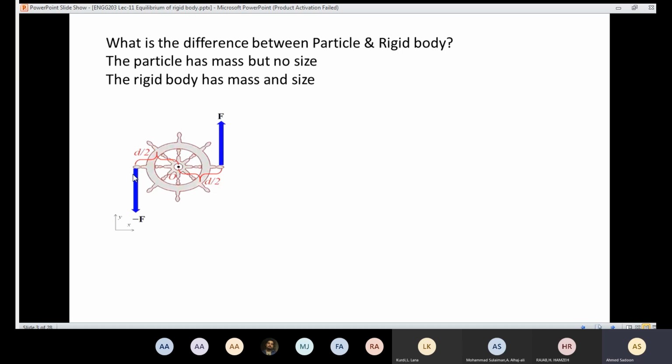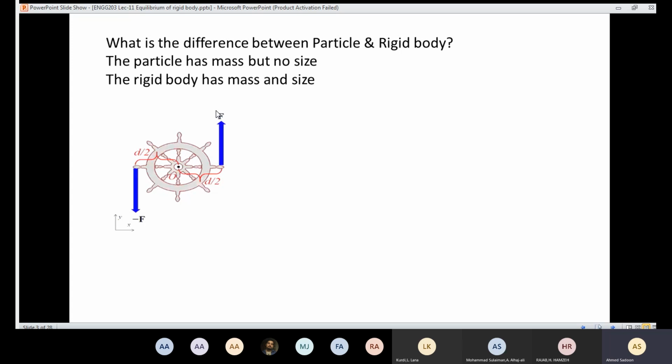But here, since this is a rigid body, which means that I have a size here, I need to take the size in our consideration. Then we are going to find out that even though the summation of the forces in y direction is going to equal 0, the steering wheel is going to rotate. Because here I'm going to have a moment, which is counterclockwise. And here also I'm going to have a moment, also counterclockwise.